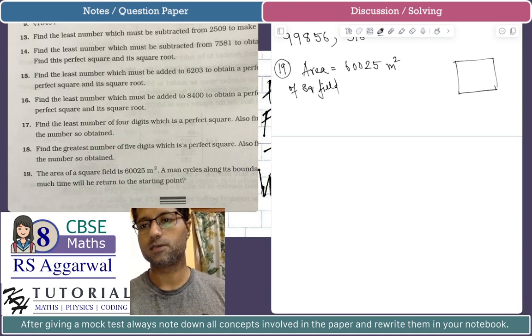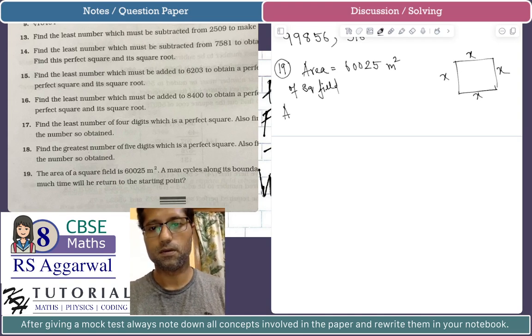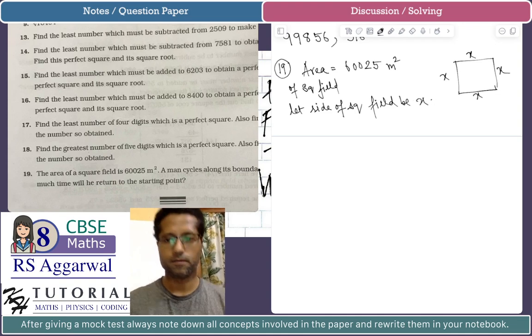So let's say x, x, x, x. So area, if you assume, let the side of the square field be x meter.